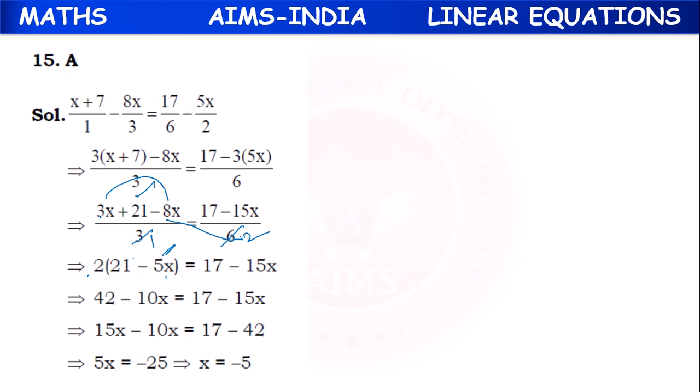Minus 5x. So this is equal to 21 minus 5x into 2, we have to multiply. 1 into values does not change, so right hand side as it is, 17 minus 15x. 2 into 21, 42. 2 into minus 5x, minus 10x, equal to 17 minus 15x.